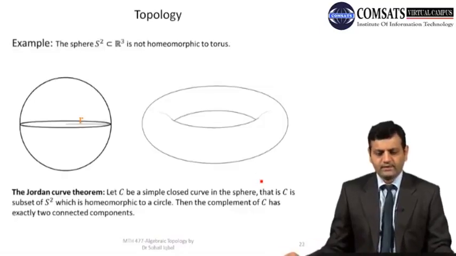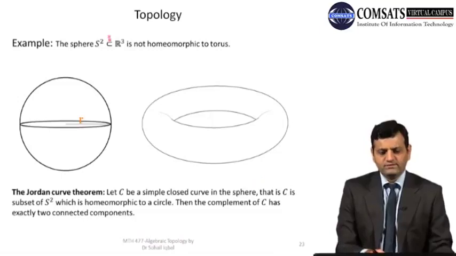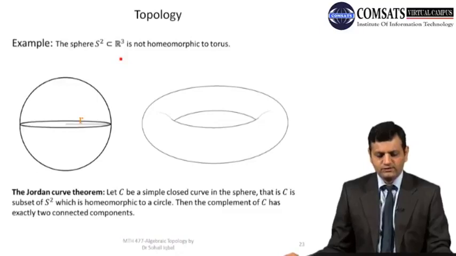Okay. Let's consider another example of spaces which are not homeomorphic. A sphere S2 in R3 is not homeomorphic to a torus. Why is this the case? Using the Jordan curve theorem, let C be a simple closed curve in the sphere, which means that C is a subset of S2 which is homeomorphic to a circle.